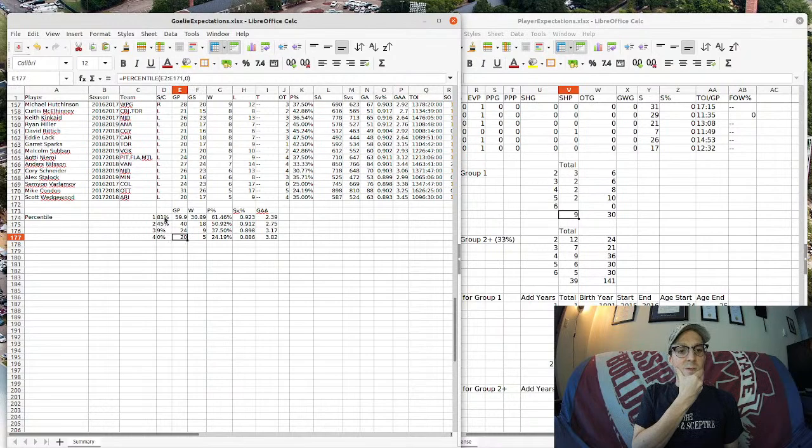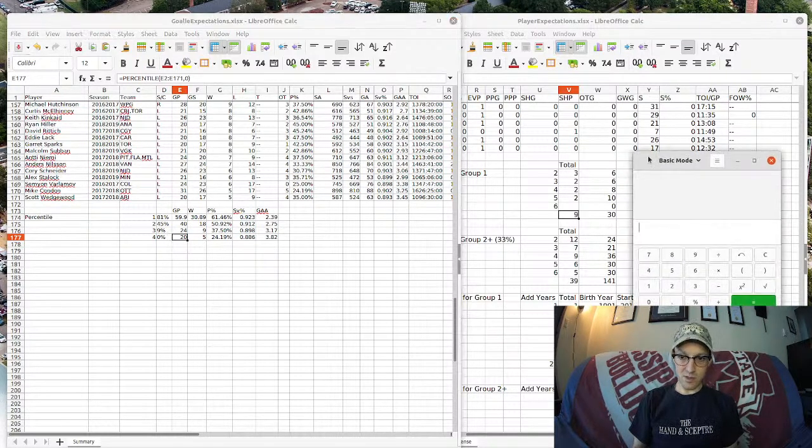Okay, and then the percentiles, I think, are different because the total number of players is different. I'm going to just double check on that.